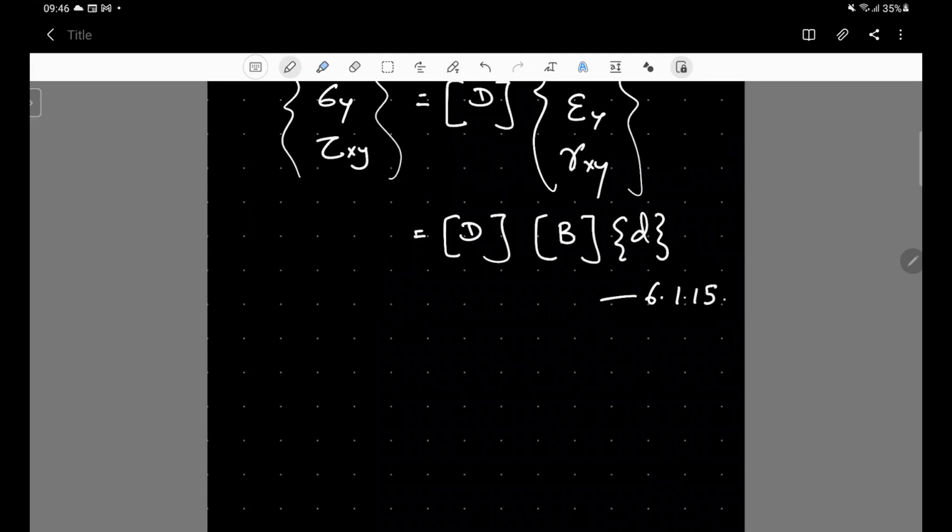So for plane stress conditions and for plane strain conditions, there are different forms of the constitutive matrix or D matrix which we discussed. According to the problem, you can use the correct D matrix and apply it accordingly. And you can see the stresses are now linear functions of X and Y coordinates, because the B matrix now is a function of X and Y coordinate.